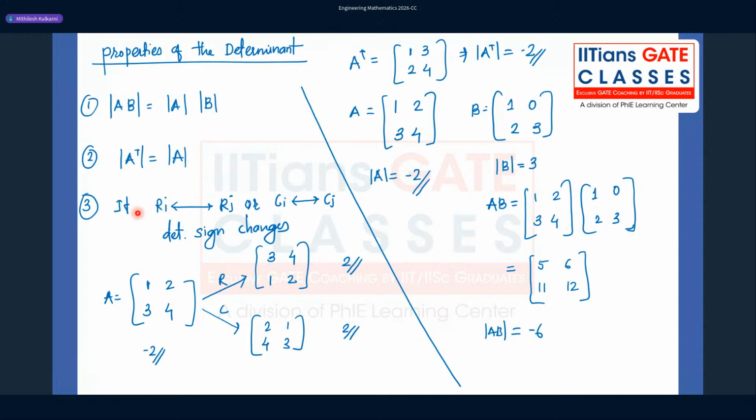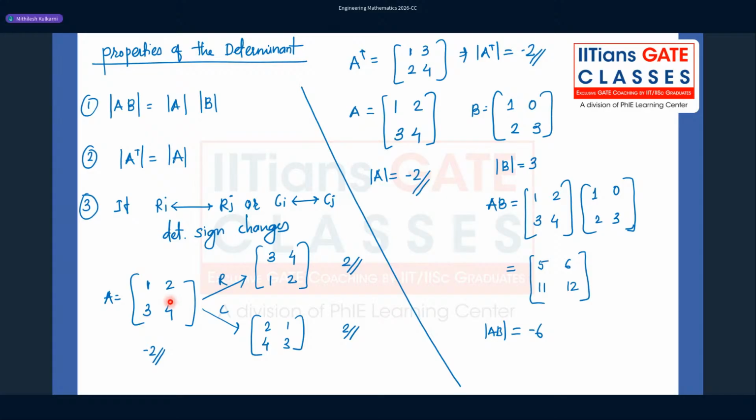Next point. If we interchange the rows or columns inside a matrix, then what will happen? The sign of the determinant changes. Let's take one example: 1, 2, 3, 4.